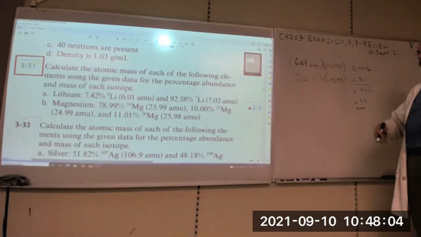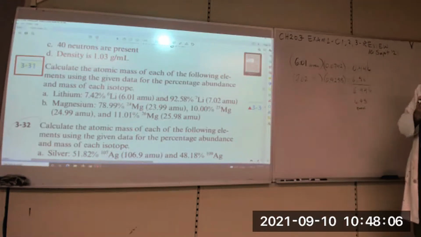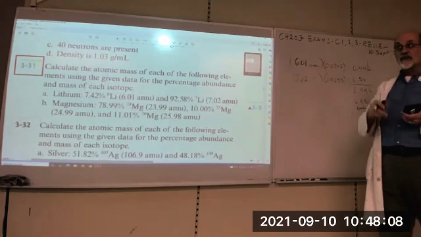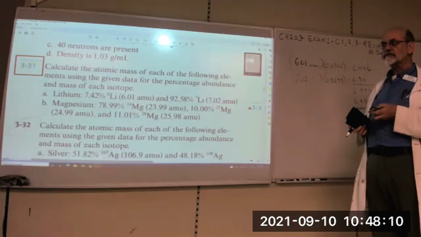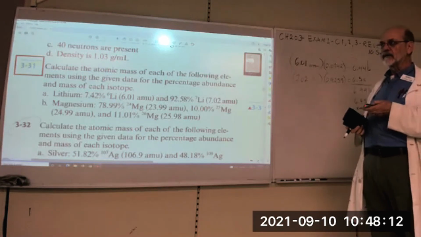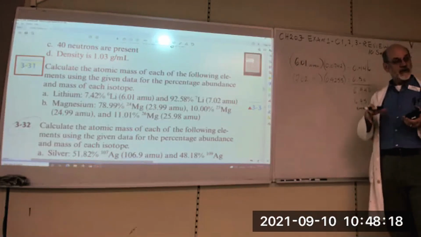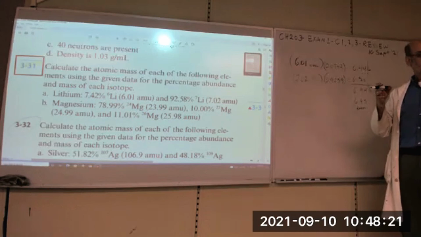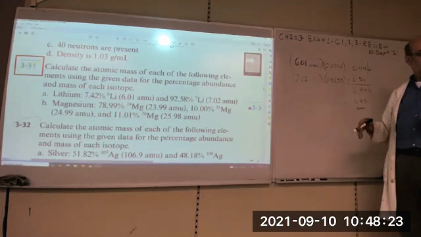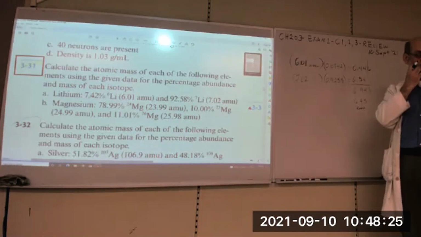So we have people that spend their entire lives doing this stuff, and they report those values in the periodic table, right up here. In this table, it's upper left-hand corner. Those are weighted averages of naturally occurring elements, taking into account the relative abundance of all the isotopes.